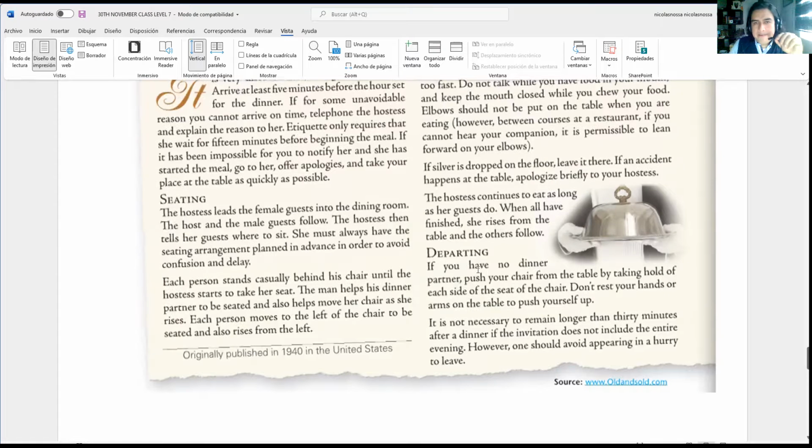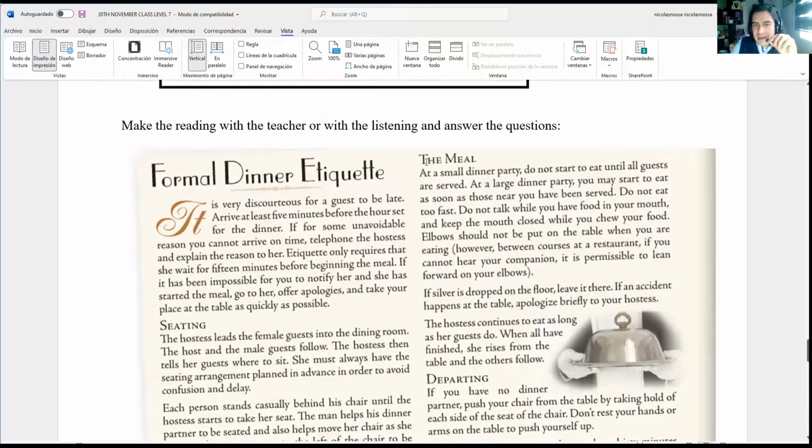The meal. At a small dinner party, do not start to eat until all guests are served. At a large dinner party, you may start to eat as soon as those near you have been served. Do not eat too fast. Do not talk while you have food in your mouth.